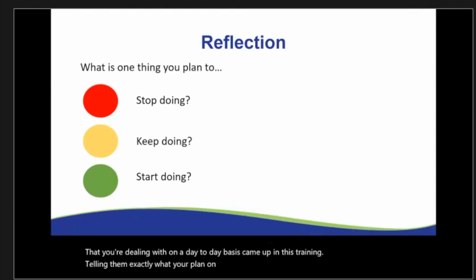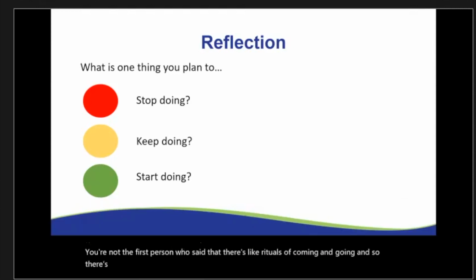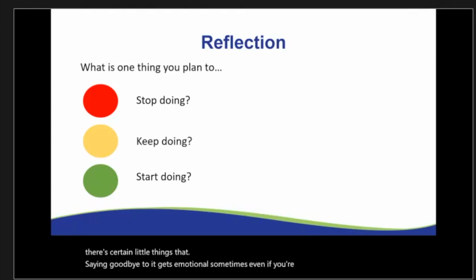I did have a patient who's autistic. Whenever I left, she was wanting me to just touch my hair, but I would always have to wear a glove. But for some reason, that gave her... You're not the first person who said that. There are rituals of coming and going. Saying goodbye to somebody, it gets emotional sometimes, even if you're just a stranger.